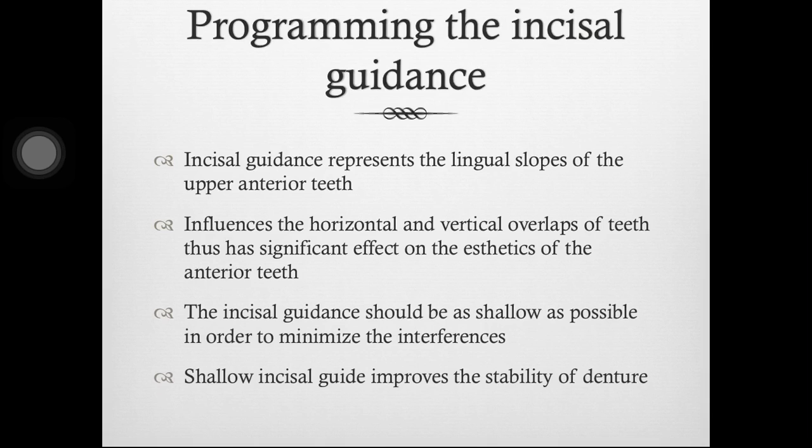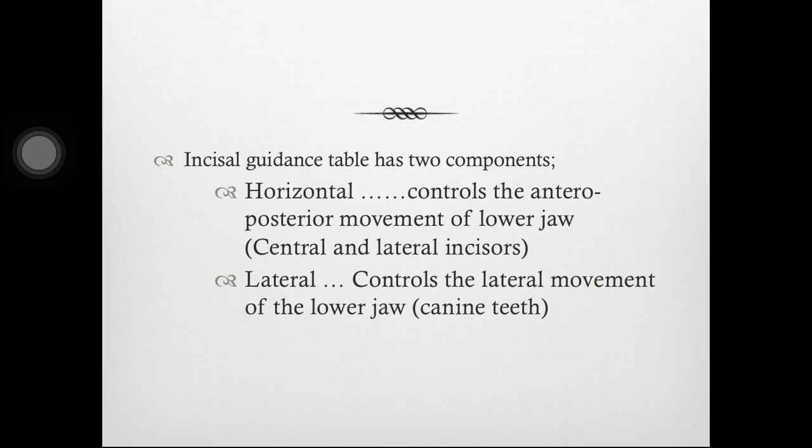Incisal guidance should be as shallow as possible in order to minimize interferences. This is applicable in complete dentures, and shallow incisal guidance improves the stability of dentures. It has two components: horizontal, which controls the anteroposterior movement of the lower jaw, and lateral, which controls the lateral movements of the lower jaw.